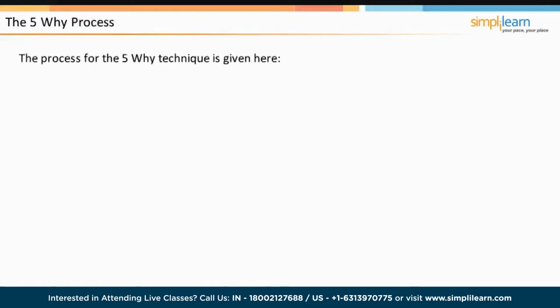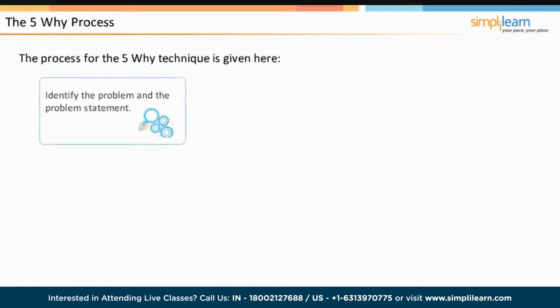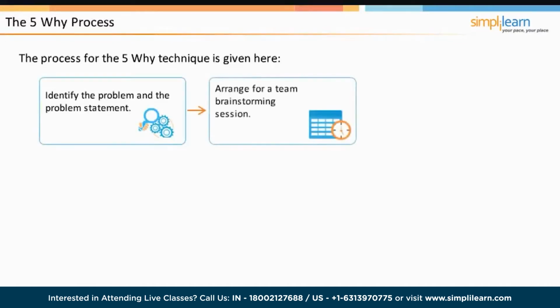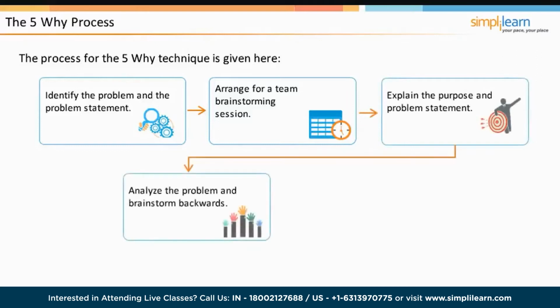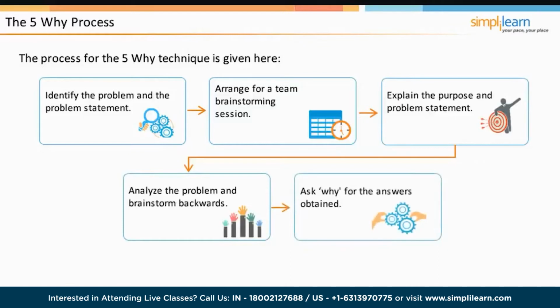The process for the 5 Why technique is: identify the problem and emphasize the problem statement. Arrange for a brainstorming session with the team, including subject matter experts, process owners, and team members. Explain the purpose and the problem statement. Analyze scenarios working backwards from the problem. Ask why for the answers obtained until the root cause is found.